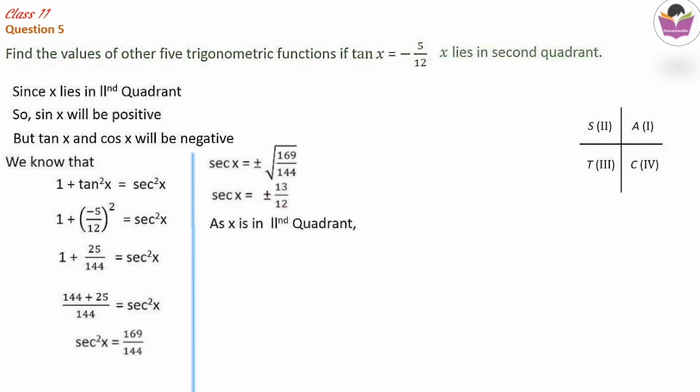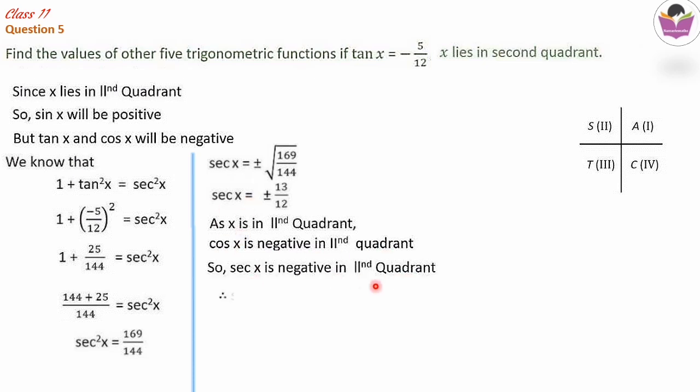Here x is in the second quadrant. Second quadrant means sin and cosec are positive. So sec is surely negative. So cos x is negative in the second quadrant. Likewise sec is also negative. So next, just write the sec x value: minus 13 by 12 will be considered, plus 13 by 12 is neglected. Sec x is minus 13 divided by 12.